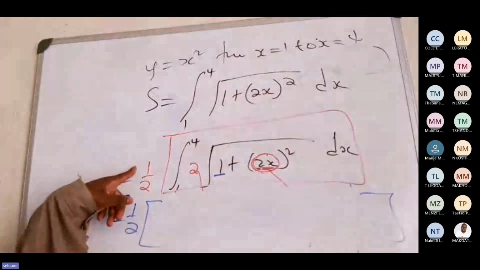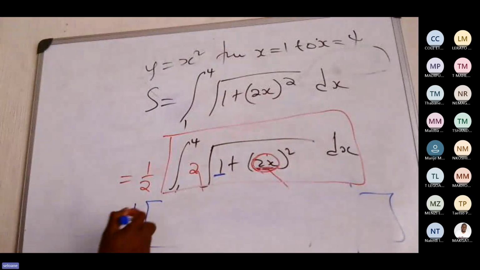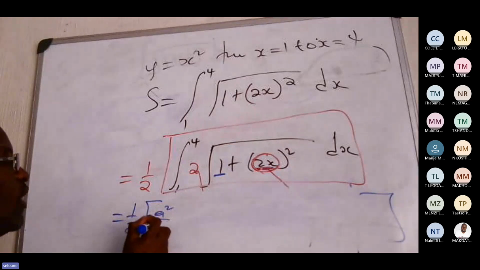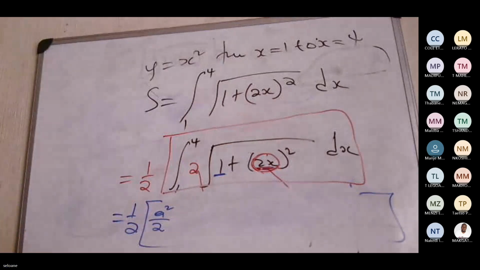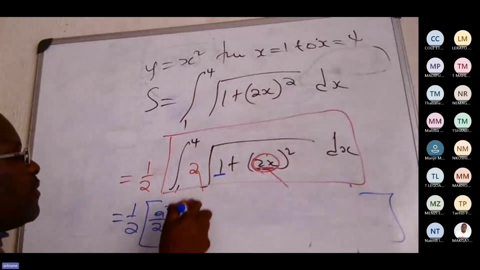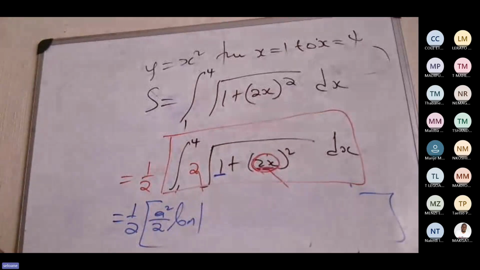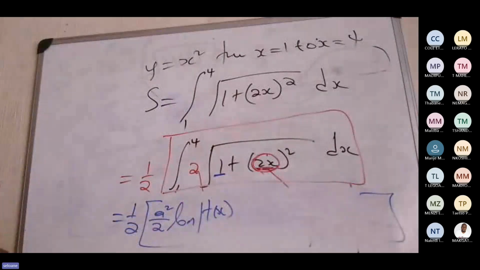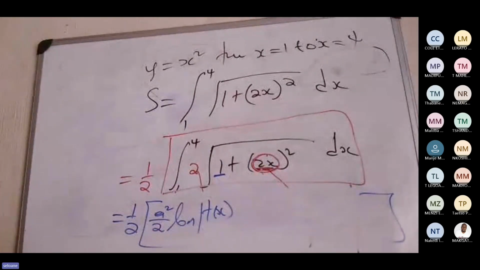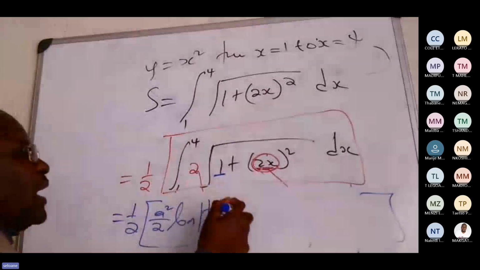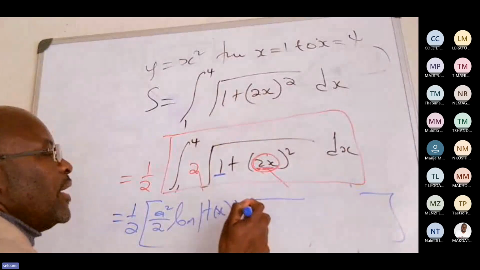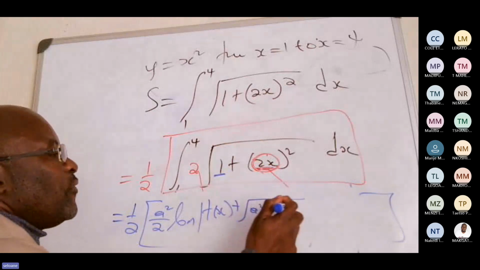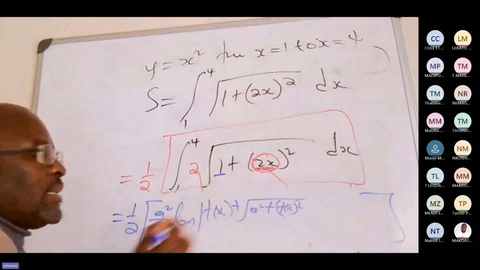The formula will be a squared over 2 times ln of the absolute value of f of x plus the square root of a squared plus f of x all squared.